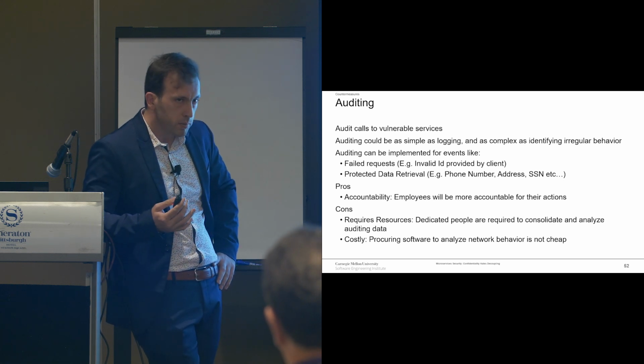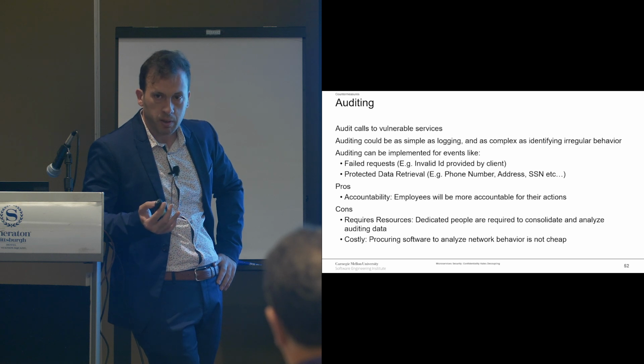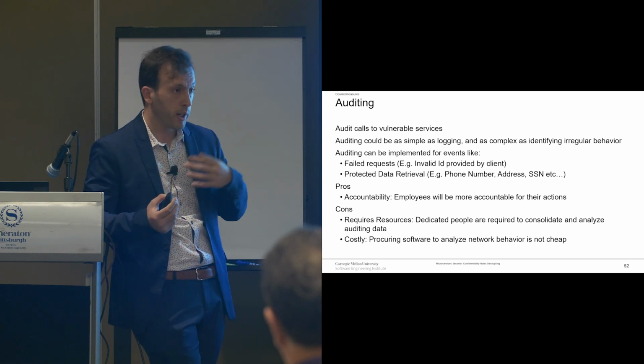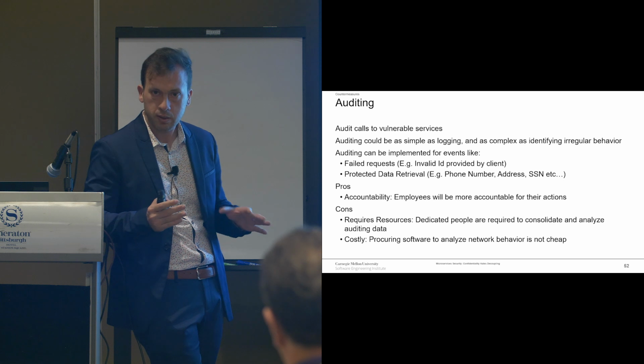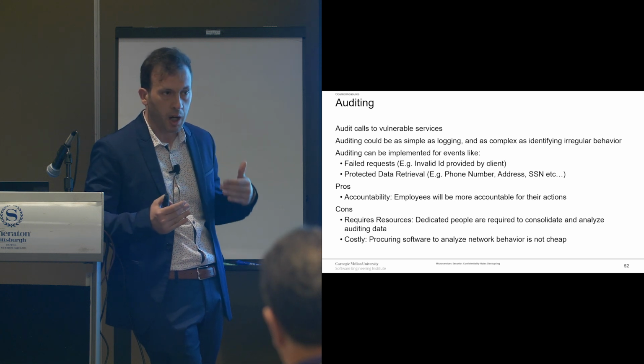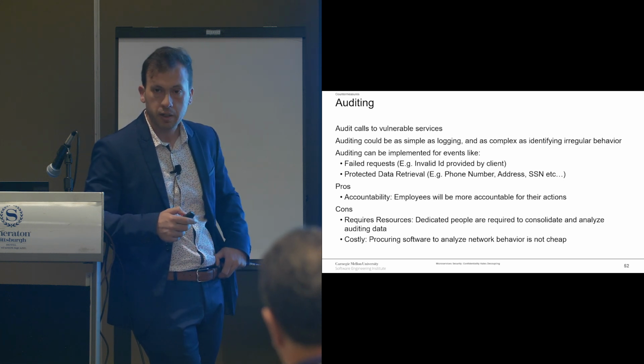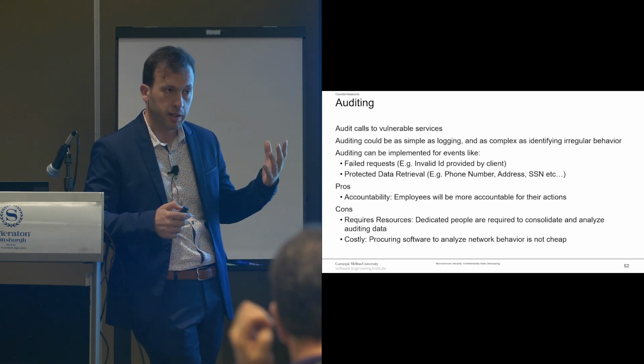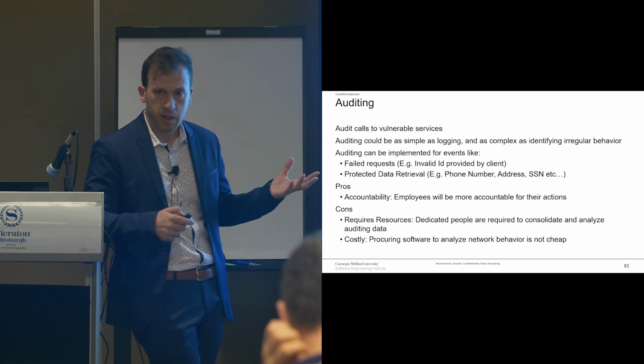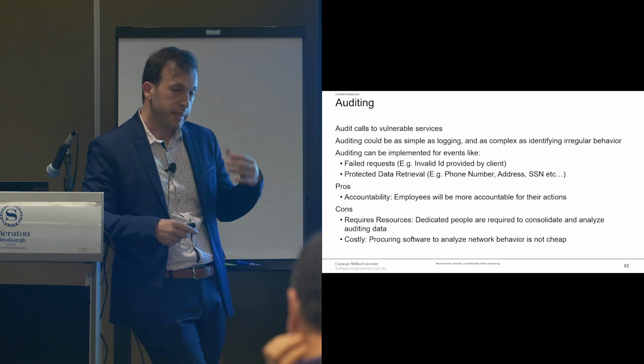This is good. It makes the employees accountable for their actions. If I know that my actions are audited, then I will not make any request that does not benefit the business. But the problem is, it needs resources.